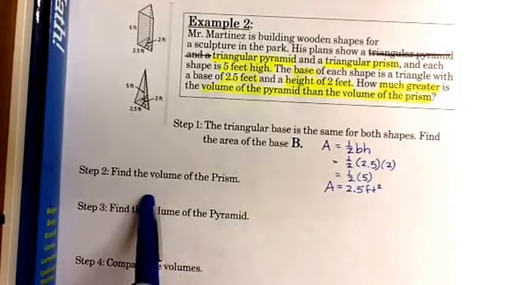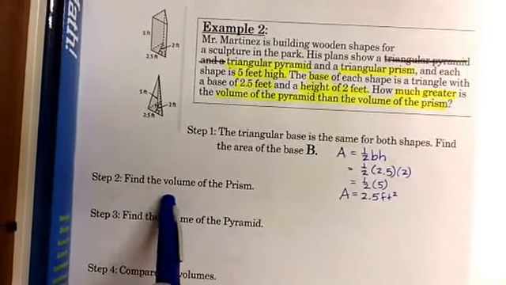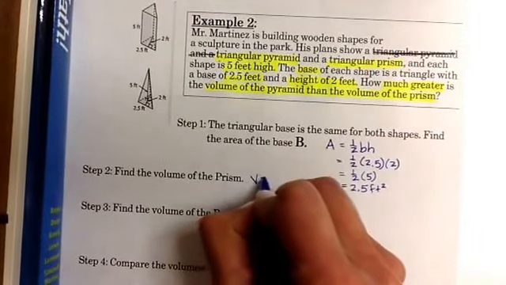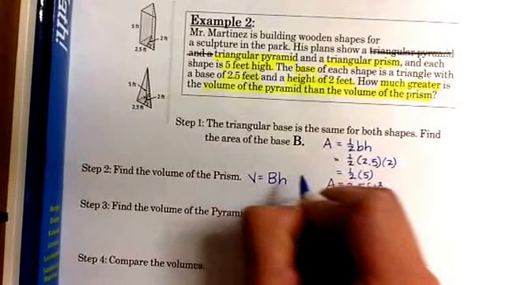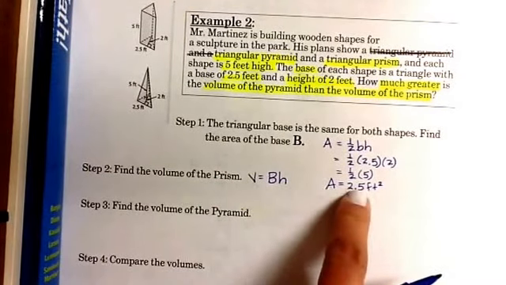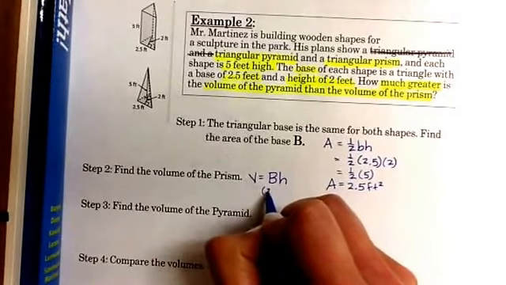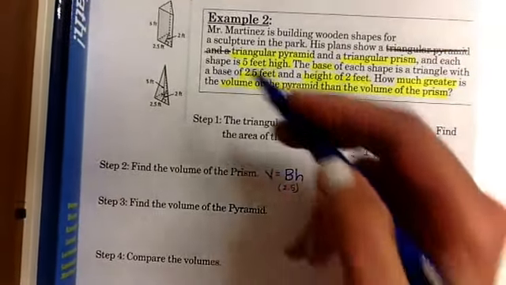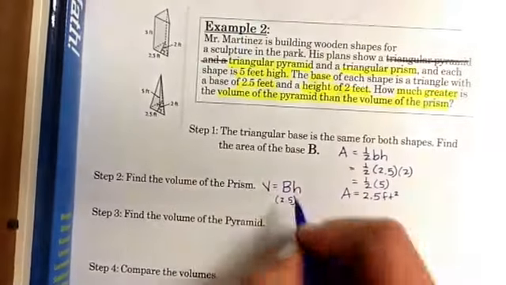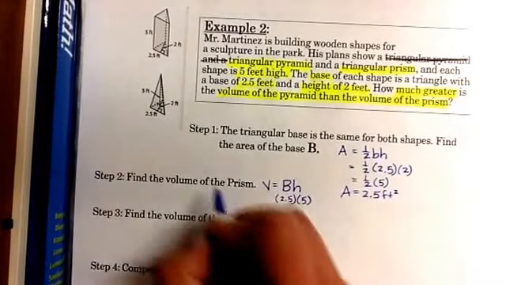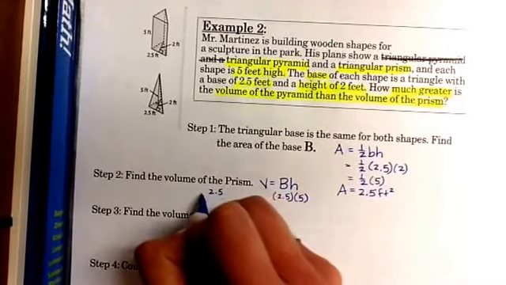So step 2 is going to be to first find the volume of the prism. So the volume of a prism formula is capital B times H, area of our base, which we already know is 2.5, so we're going to plug in our 2.5, times the height of our prism. That's where this height comes in, the 5, plug that in, and you're going to multiply 2.5 times 5.